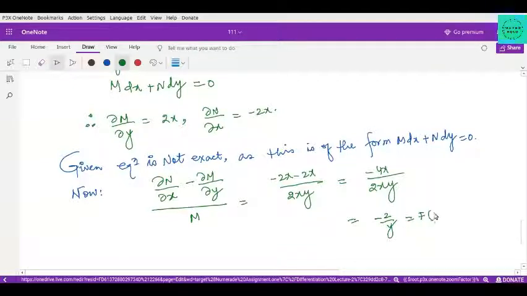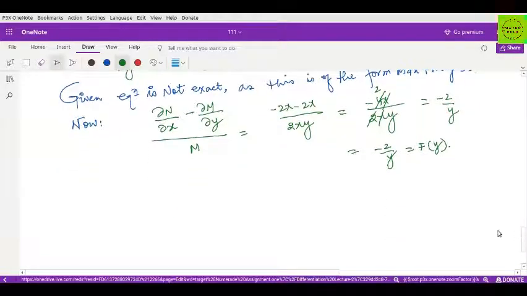This is a function of y. This cancels this part and this cancels this part, so it is minus 2 upon y. So we obtained minus 2 upon y, which is a function of y.